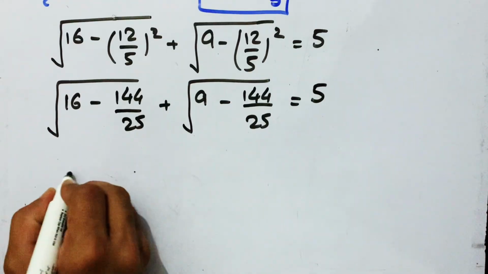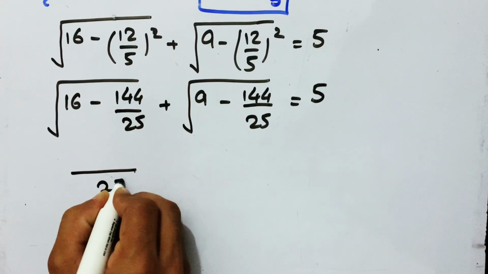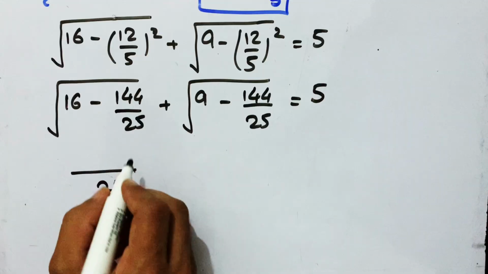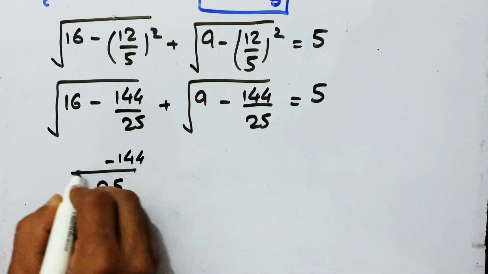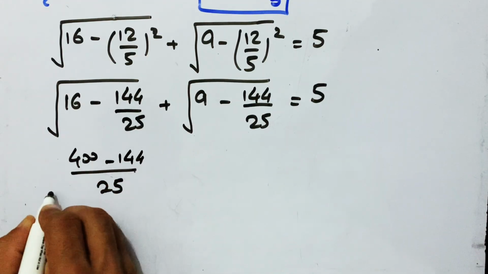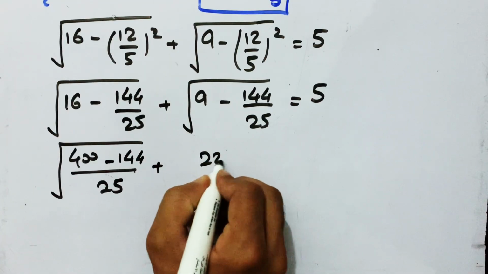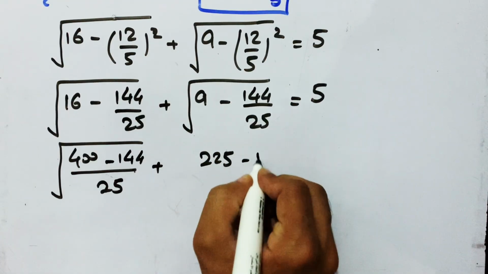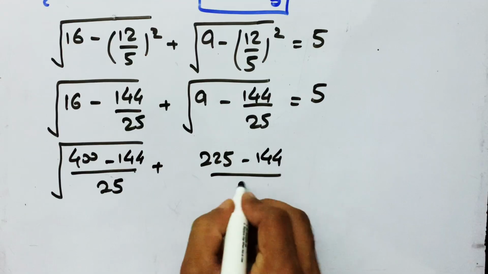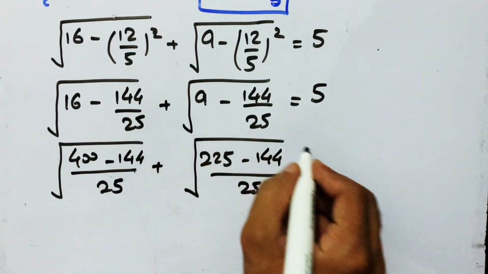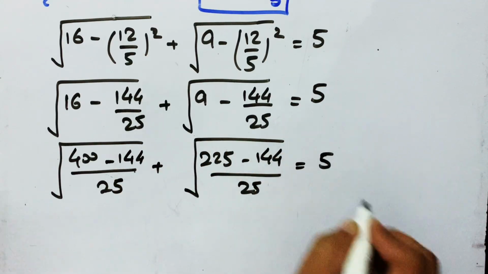I am taking an LCM of 25: 400 minus 144, and 225 minus 144.